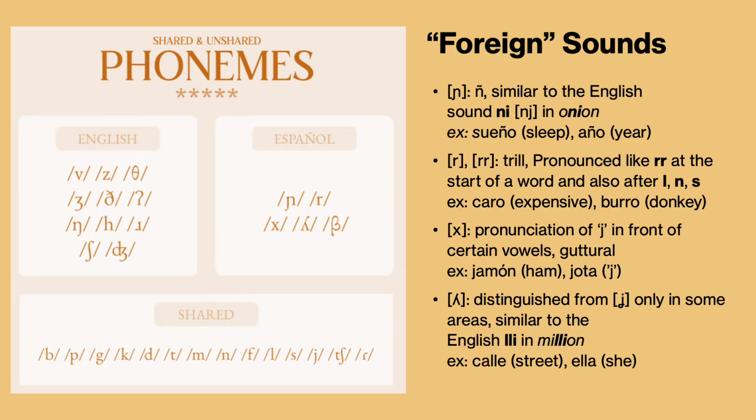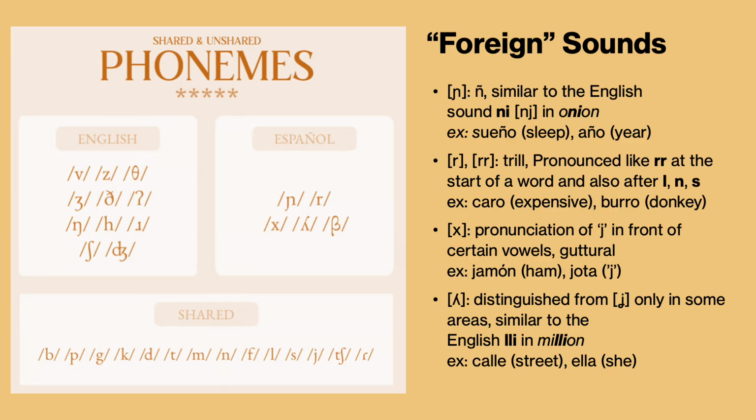It's a voiced palatal nasal consonant, which is produced by raising the middle or back of your tongue to the hard palate, and then air is going to flow through the nose while you're making this sound. And a couple examples would be sueño, which means sleep, or the word año, which is year in Spanish.